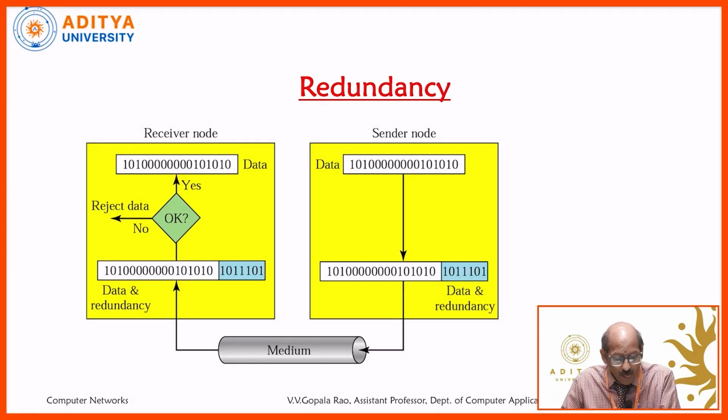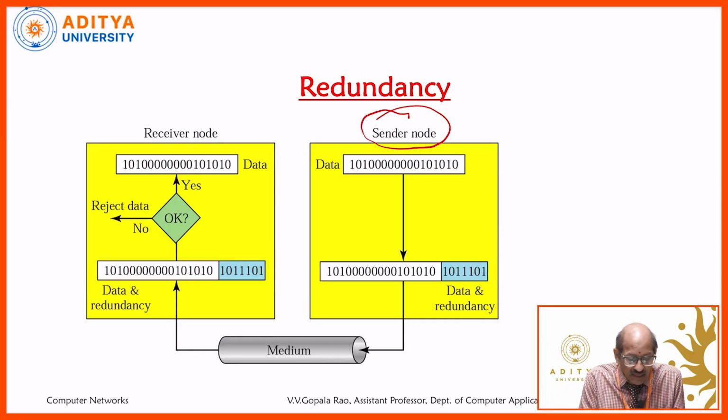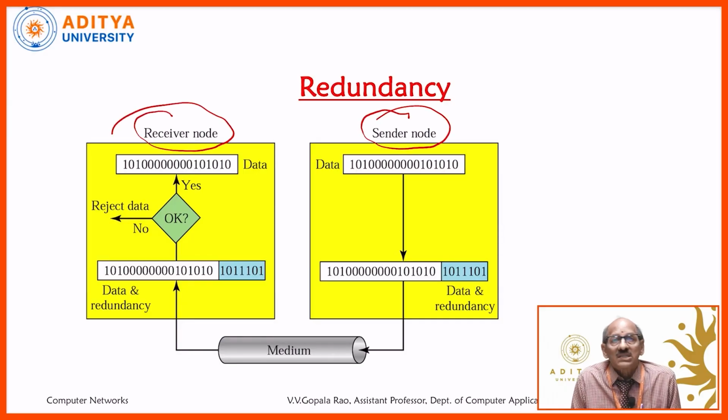Now you see that there is a sender node here, and there is one station that is called the receiver node. In this sender node, this is the data, which is completely zeros and ones, called a frame, and of course the exact frame data is not put into the medium as it is.